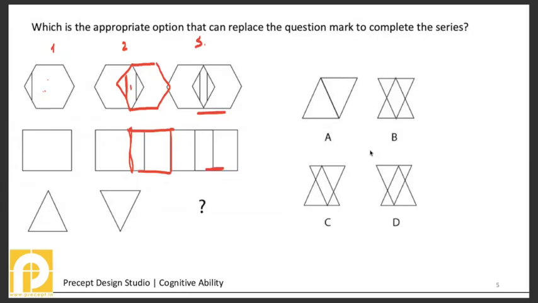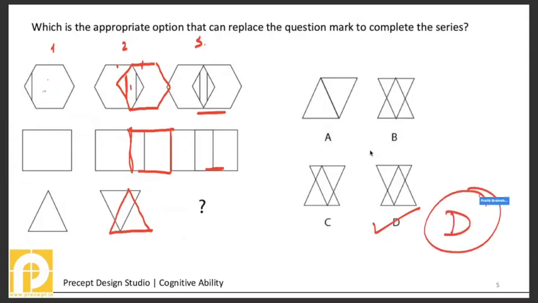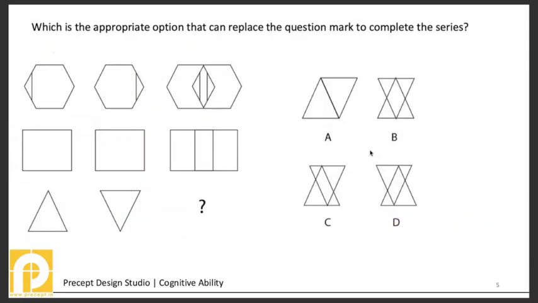They are not meeting exactly at this midpoint, but are a little bit off. So the mirror of this placed alongside here will be a figure which looks something like this. So the correct answer here will be option D. Okay, we'll move to the next one.